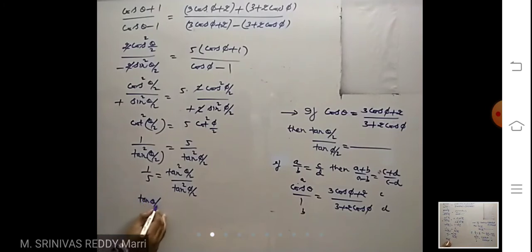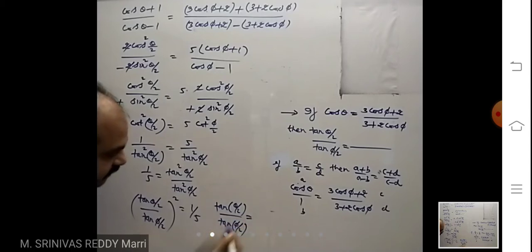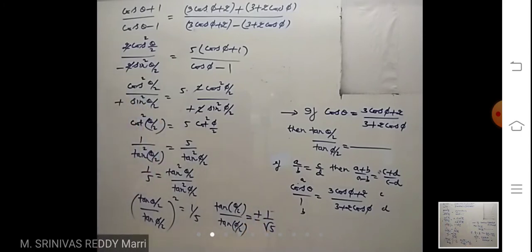That means (tan theta by 2 divided by tan phi by 2) whole square is nothing but 1 by 5. Therefore, tan theta by 2 divided by tan phi by 2 equals plus or minus 1 by root 5.